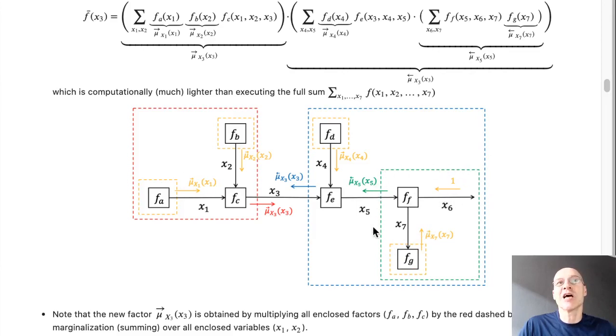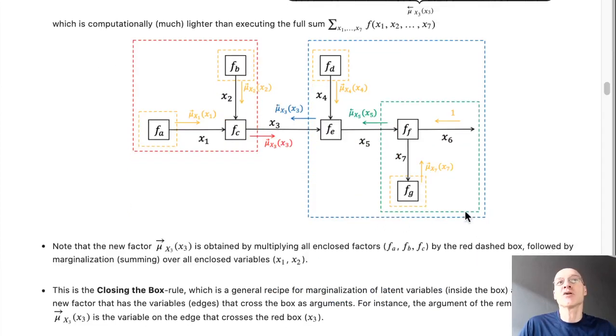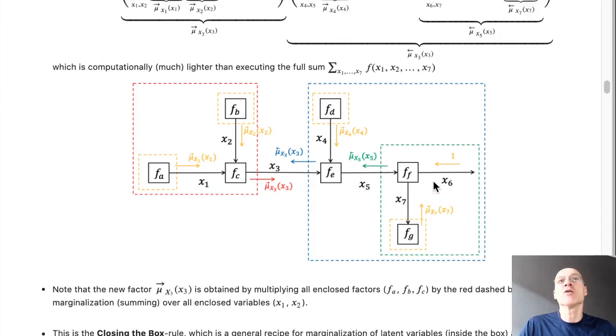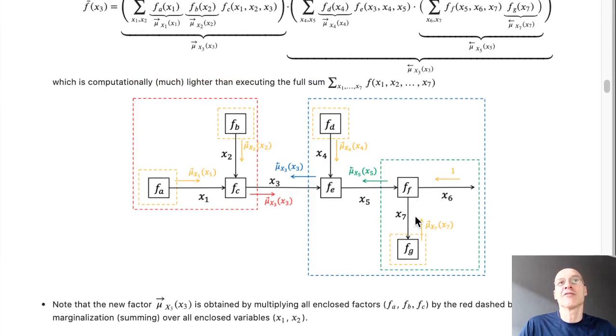So what's happening is, in order to compute this function, which is a function of x5, because x5 is the only variable that I'm not summing over, what I need to do is a procedure called closing the box. I draw a box and I multiply all internal nodes, ff and fg in this case, and I sum or integrate over all internal variables, x6 and x7 in this case.